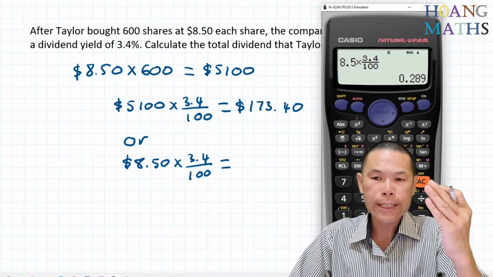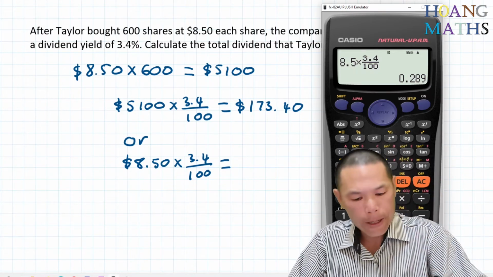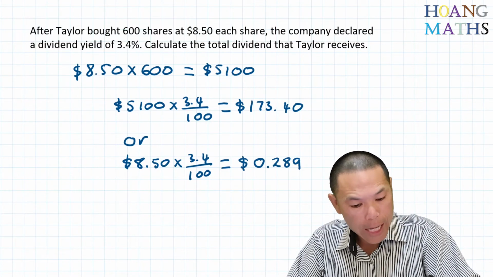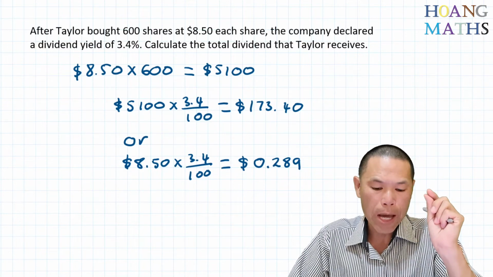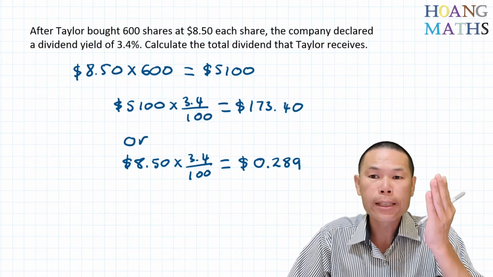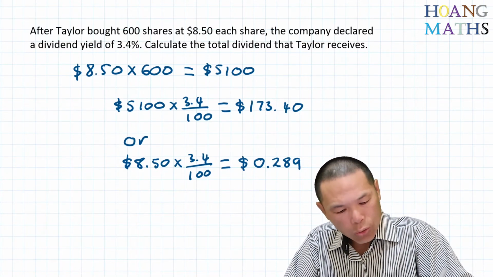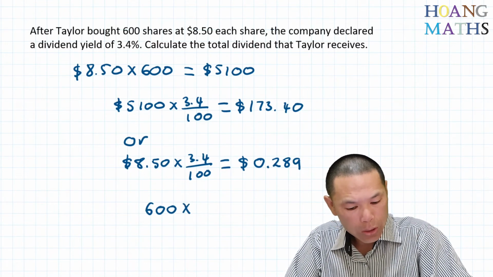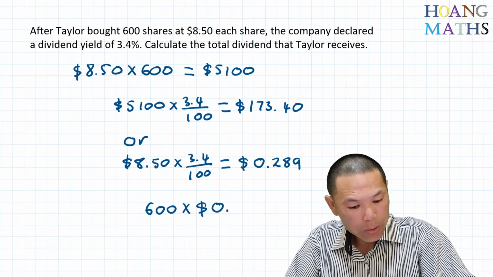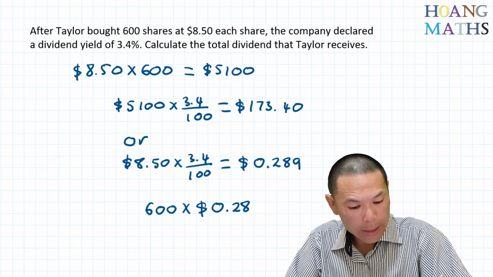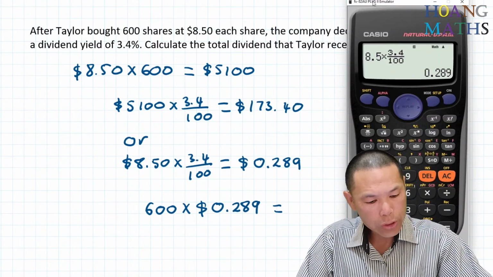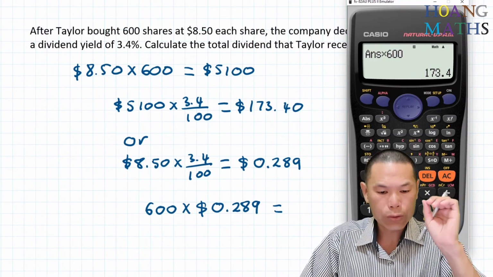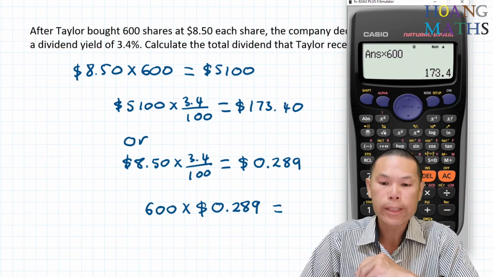I'm going to write everything down because this is not my final answer, okay? So that is 0.289. This means every share should get paid 28.9 cents and she has 600 shares. So the total payout for Taylor is 600 times 28.9 cents. I just go answer times 600. There you go, $173.40.